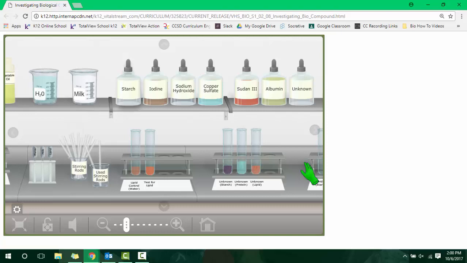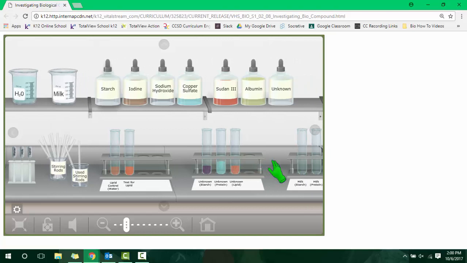So the unknown solution contains which of the following, starch, lipid, or protein, and then use evidence to back up your claim, and then provide a reasoning to justify your answer. Okay? We're going to do that together in class, so if you need help on that CER, we can do that during the Class Connect. For now, I just want to make sure we get through the lab and understanding how to do it.